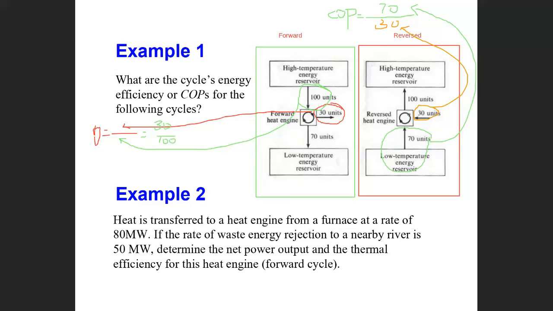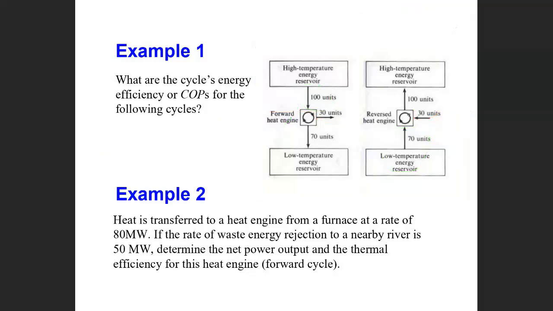Then what about example number 2? Heat is transferred to a heat engine from a furnace at a rate of 80 megawatts. If the rate of waste energy is... For this question, firstly we can see this is a forward heat engine.